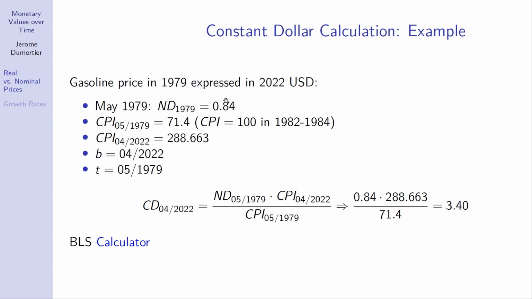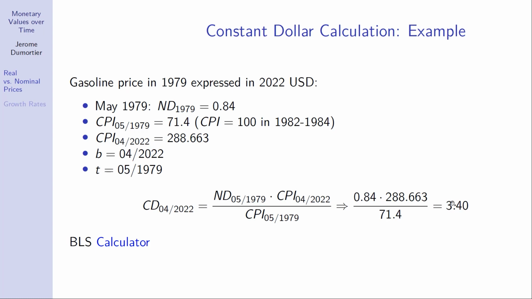1979. So gasoline price in nominal dollars, this is what you saw at the pump, was at 84 cents. And the consumer price index at the time was 71.4. The CPI in 2022 was at 288.663, and hence the base year that we are interested in, or we want to express the gasoline price of 1979 in 2022 dollars, then what we have to do is we have to take the 84 cents divided by the CPI in 1979 and multiply it by the CPI in 2022.